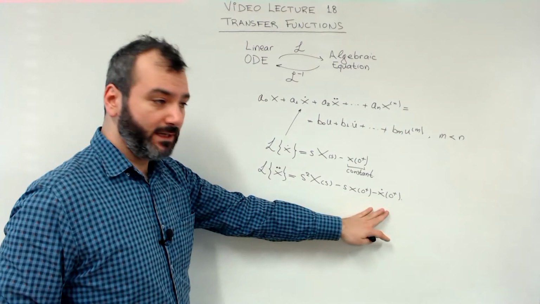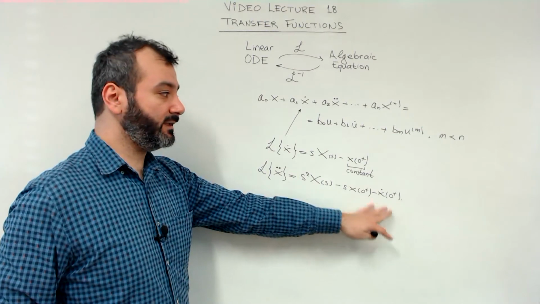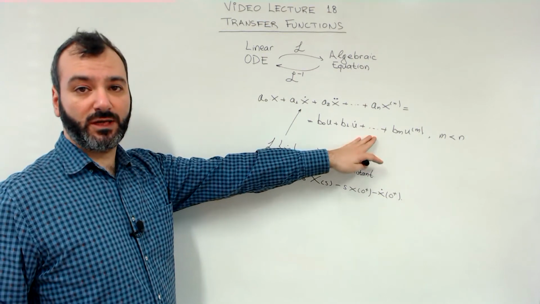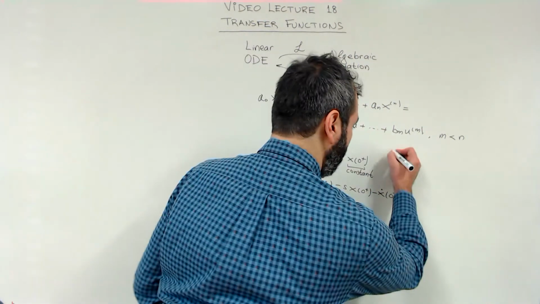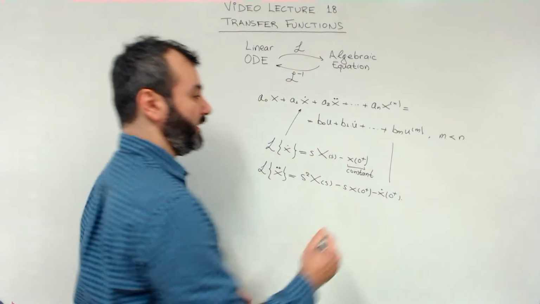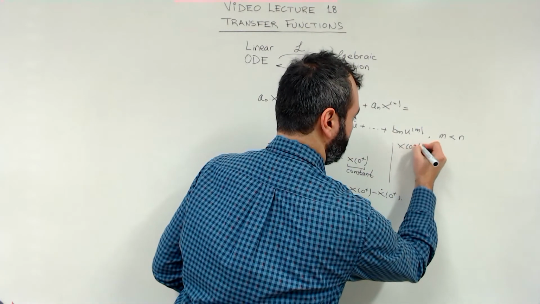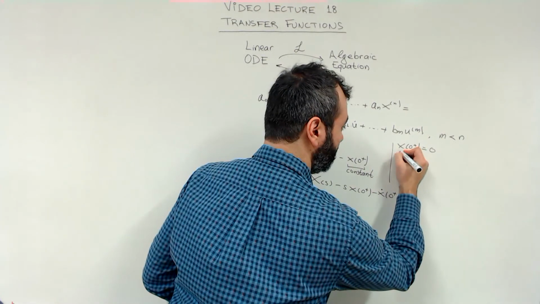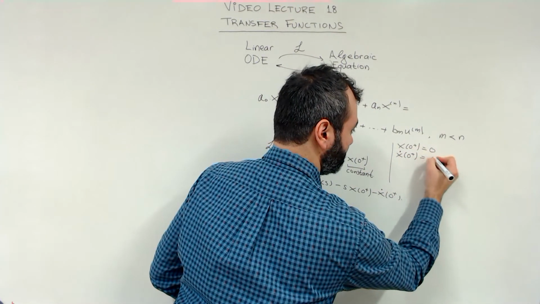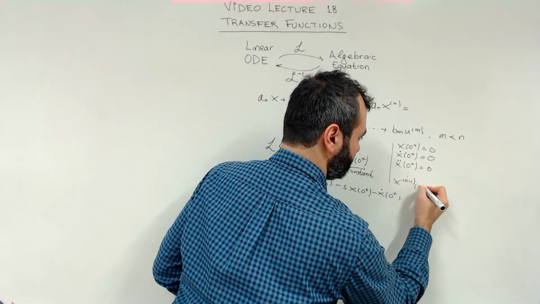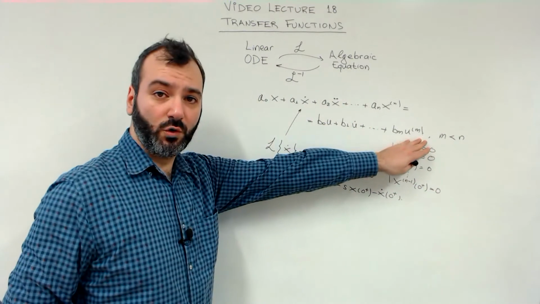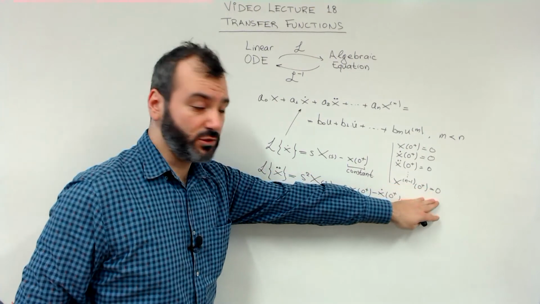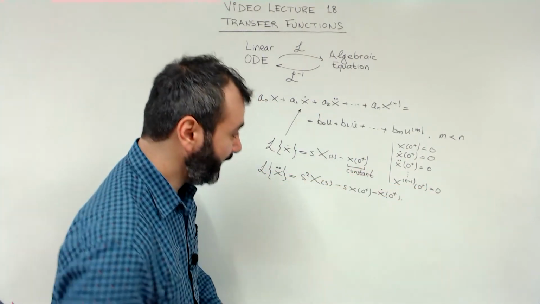Now if we make an assumption at this point, if we say that all initial conditions of this differential equation are equal to 0, this means that if we assume that x at 0 plus is equal to 0 and x dot at 0 plus. So if we assume that all derivatives up to order n minus 1 are equal to 0, then we can eliminate these terms.